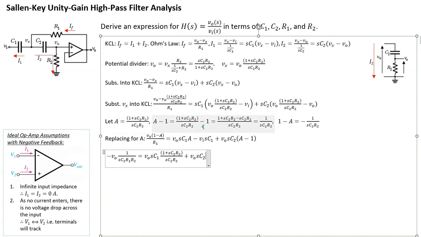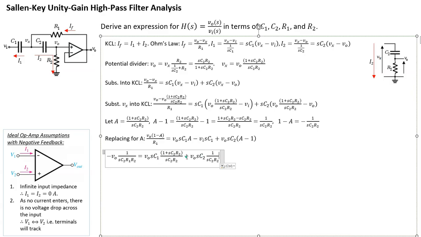Well, A minus 1 is positive 1 over this. So multiply by that. And so now this is what I have.